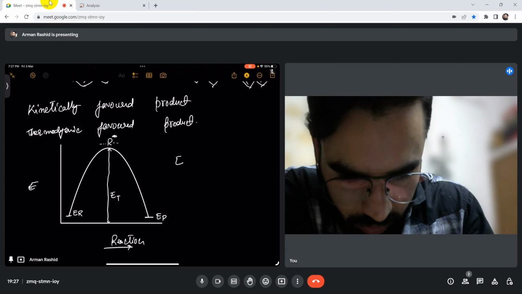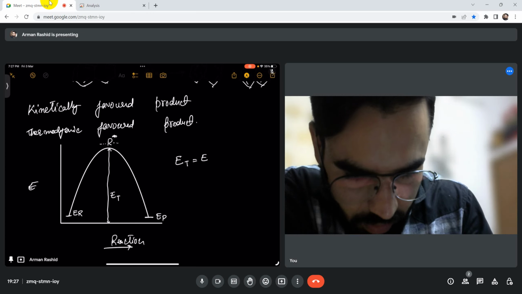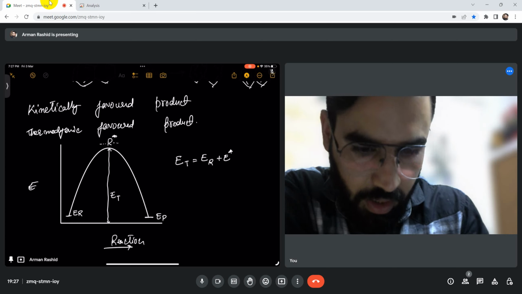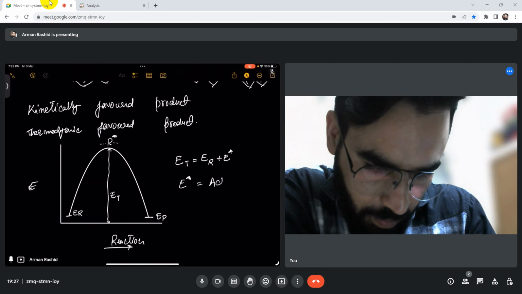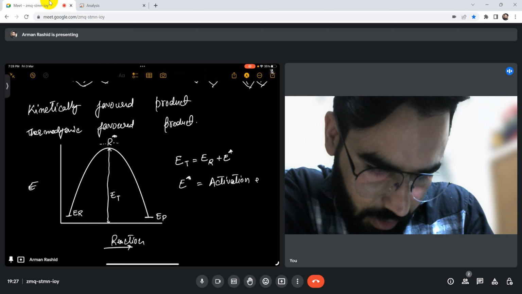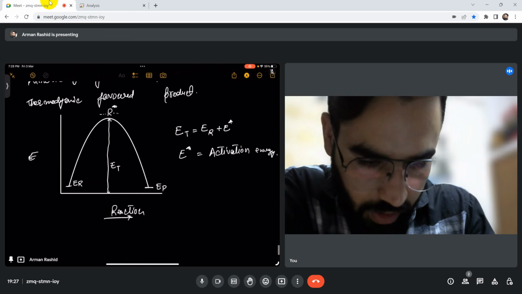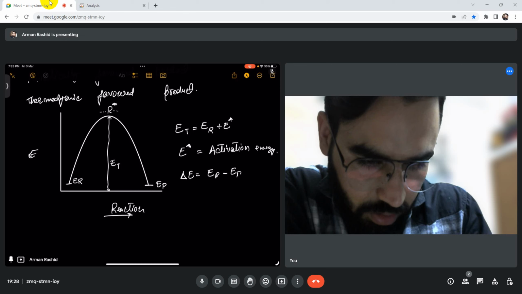Then E T is equivalent to the 0 point energy plus the activation energy, where E dash is the activation energy. Also we can write delta E is 0 point energy of products minus 0 point energy of reactants.